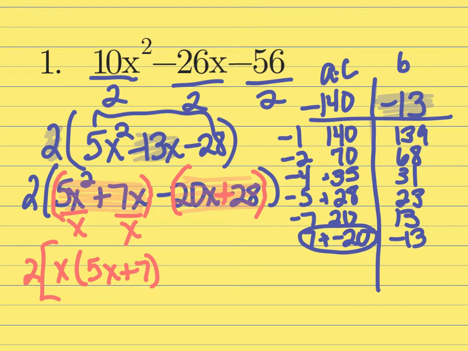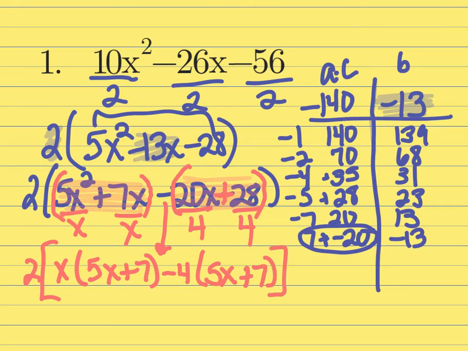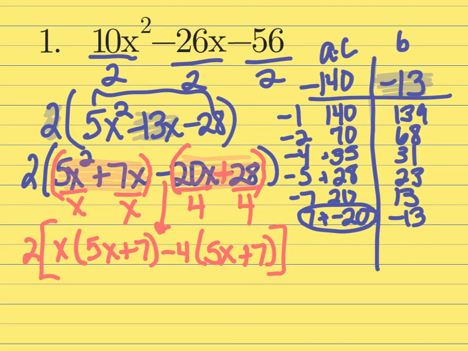What do they have in common? 4. So I'm going to factor out the 4. Now make sure you remember to bring down that sign. And then 4 will go into 20 five times. That's an x. And then 28 divided by 4 is 7. Now, remember, these should always be the same: 5x plus 7, 5x plus 7.